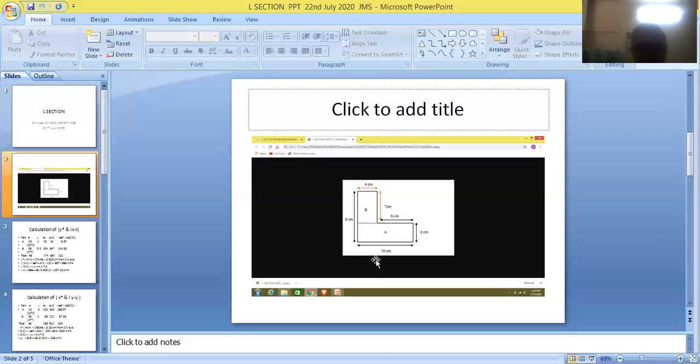Without marking the 1, 1 axis, you will not be in a position to indicate Y bar in this figure. Similarly, without marking the 2 axis, it is not possible to indicate the value of X bar in this figure.